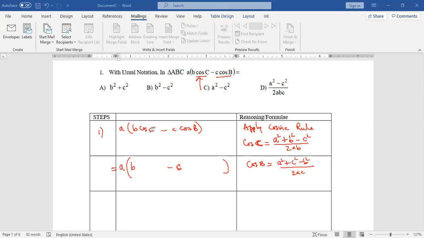Now replace it. Cos C के जगह पे replace करो, cos B के जगह पे replace करो. तो ब्रैकेट के अंदर लिखना पड़ेगा. Cos C (a square plus b square minus c square) upon 2ab, अभी cos B (a square plus c square minus b square) upon 2ac.